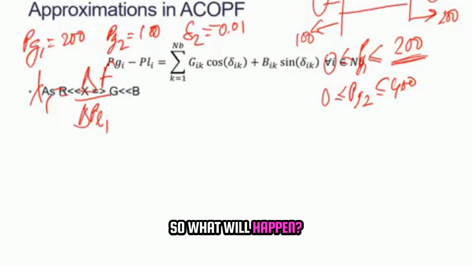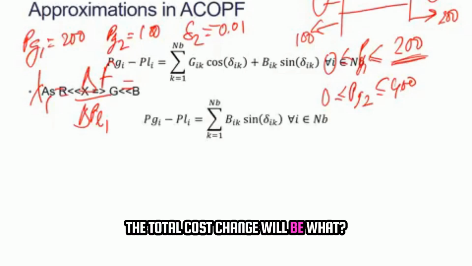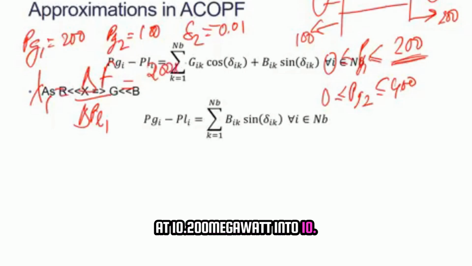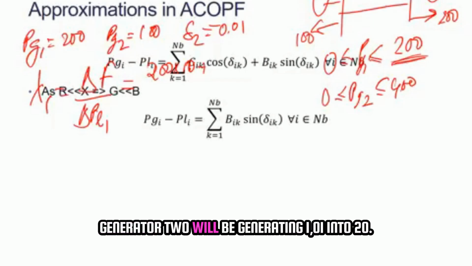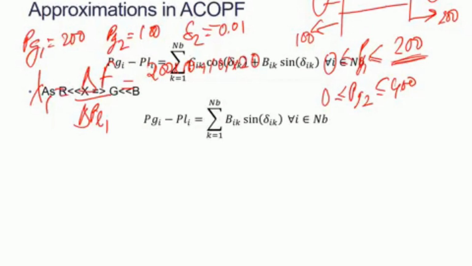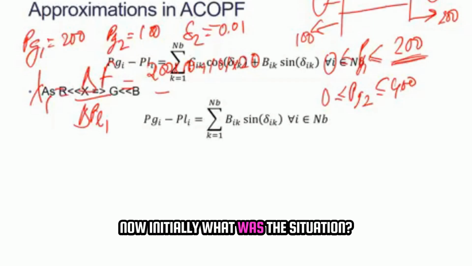So what will happen? The total cost change will be what? Generator 1 will be generating at 200 megawatt into 10 because he wants 10 rupees. Plus now because of this 1 megawatt increase, generator 2 will be generating 101 into 20, right? Now initially what was the situation?